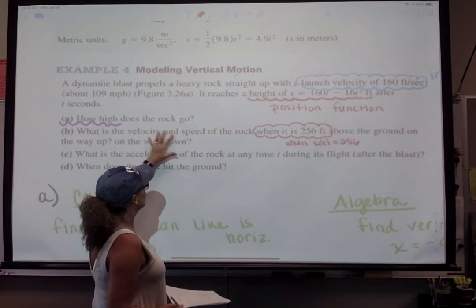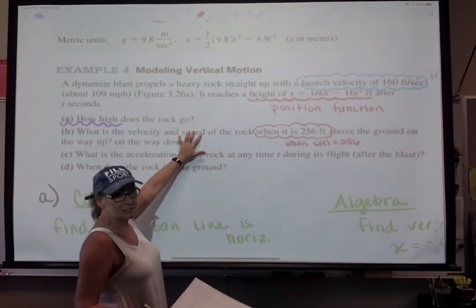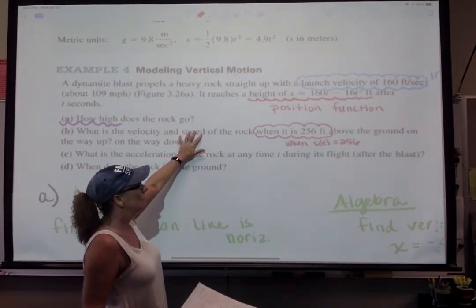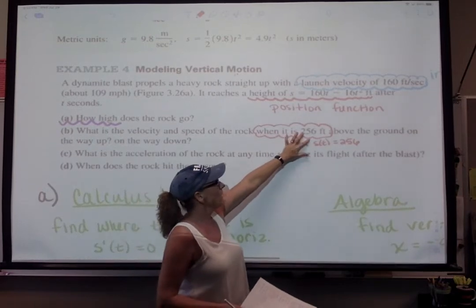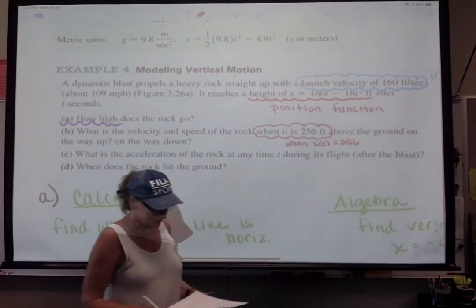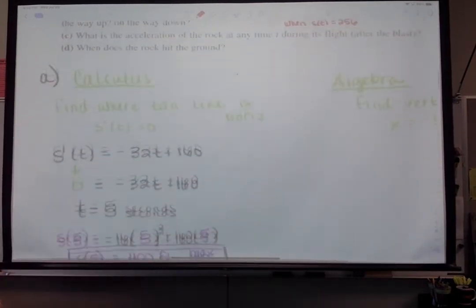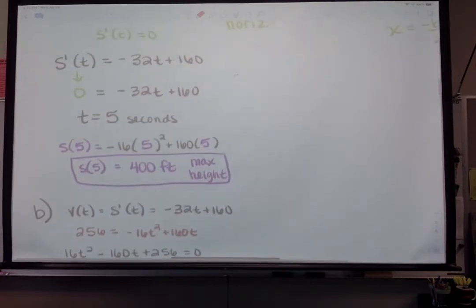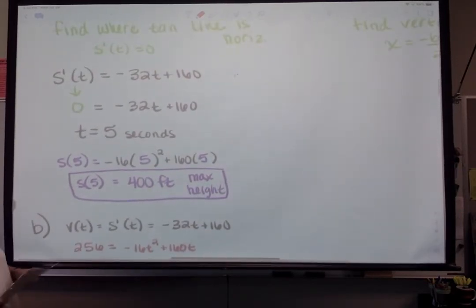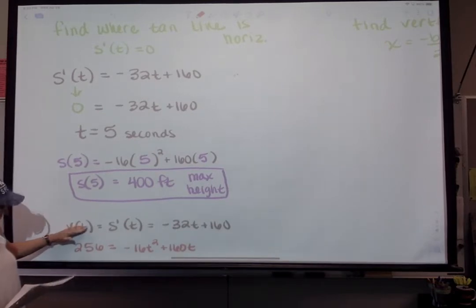Give me the velocity and speed. That means I'm going to need to use the derivative when the height is 256. So for part B, I'm going to have to use the velocity, which is the derivative.